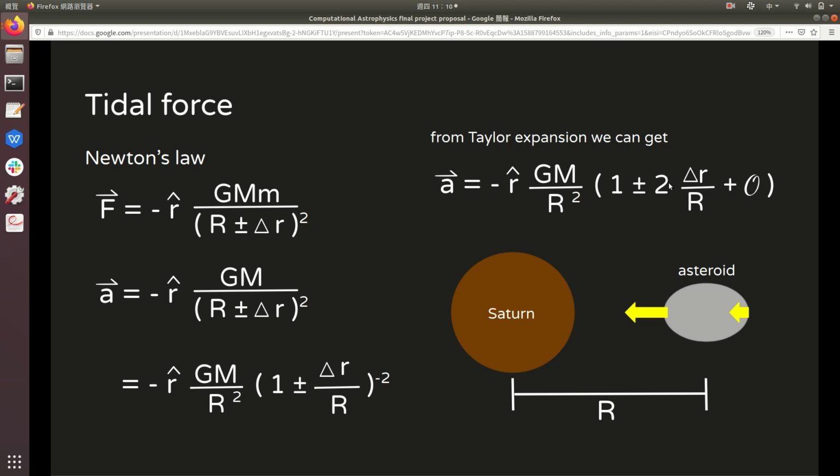And these other higher order terms are the relative acceleration from each point to the asteroid center. And what I want to do for this project is to simulate how the tidal force acts on the asteroids or comets. So simply saying, I want to see the effects of these higher order terms in these equations.